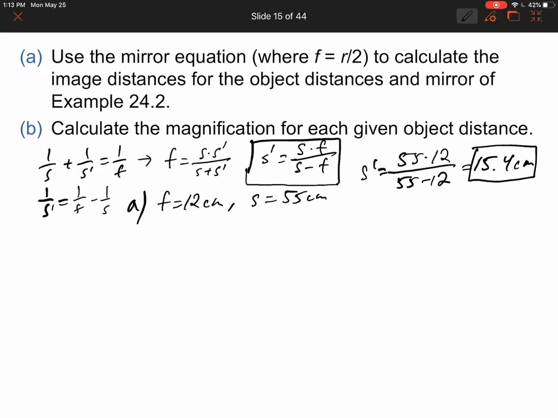If you go back and look at the diagram, the image was between the focal length and the radius of curvature, which is a greater distance than 12 centimeters, so it matches.